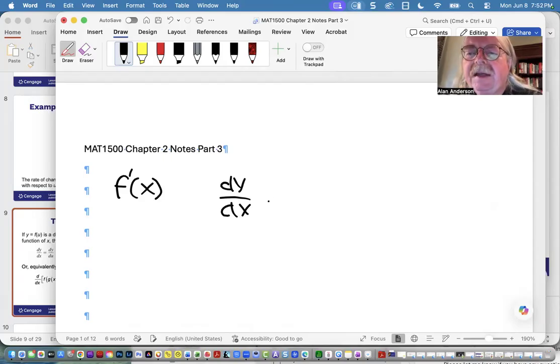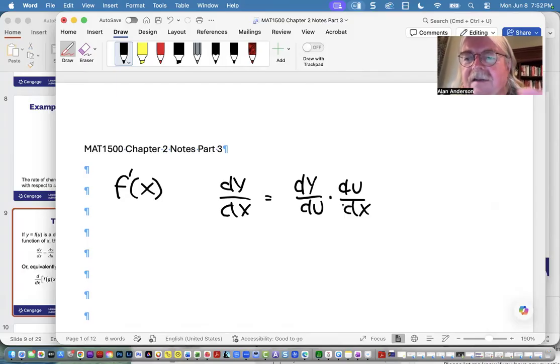Well, it turns out that for certain applications, this dy dx notation can be very helpful because we can actually decompose it into a product of two other derivatives. And you'll see, we'll do plenty of examples of this as we go along. And we can rewrite it as dy du times du dx.